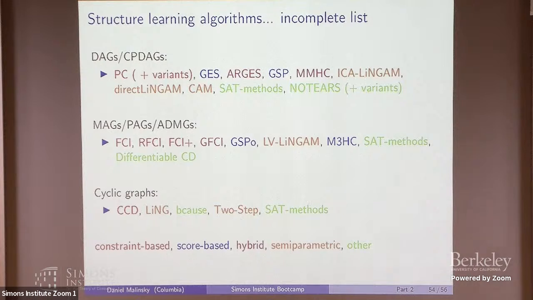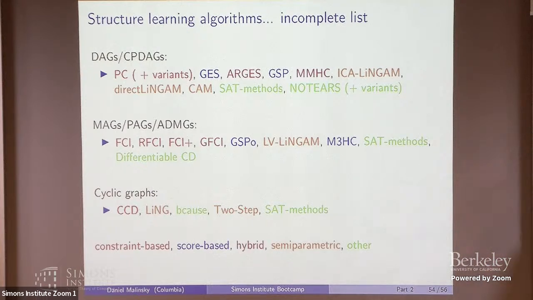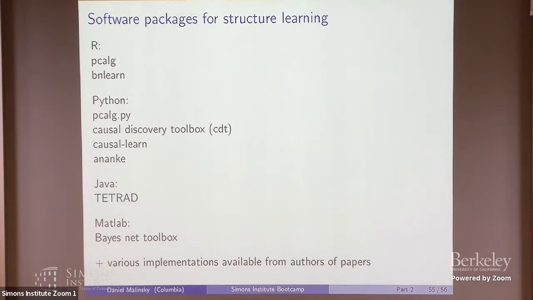And then we have stuff that doesn't fit neatly into any of these categories, like methods based on SAT solvers and differential causal discovery approaches. Here's also a partial list of software packages available for structure learning in R, Python, Java, MATLAB, and so forth.